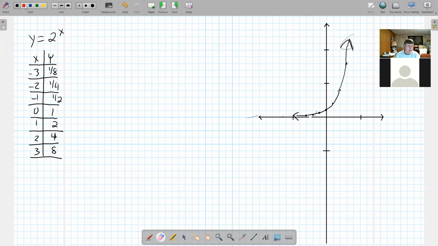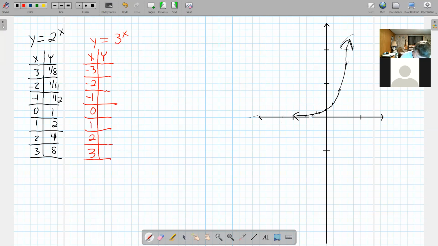Okay, anyway, now let's go back and let's look at y equals 3 to the x power. I'm going to put in the same x values and we'll see what we get for y values. -3, -2, -1, 0, 1, 2, and 3.